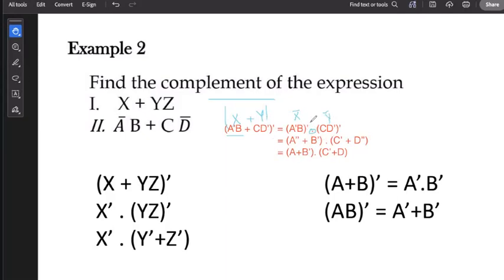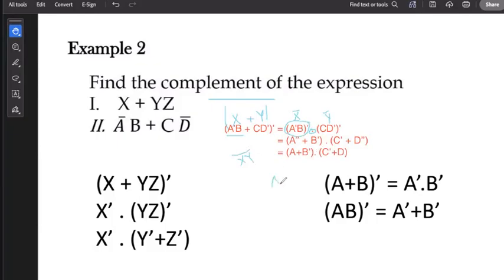Now, again, we are not left with a single part. Rather, another time we have an expression which is A bar into B. This is in the form of (XY) whole thing bar. So we write it like X bar plus Y bar. That is how we have written.